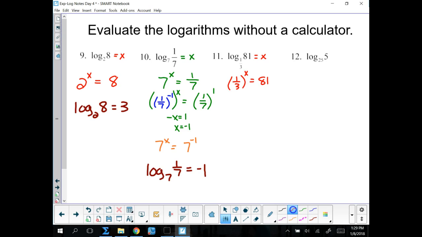One-third is 3 to the -1 power. 81 is 3 to the 4th power. So log base 1/3, oops, put my 8 in the wrong spot, of 81 is equal to -4.